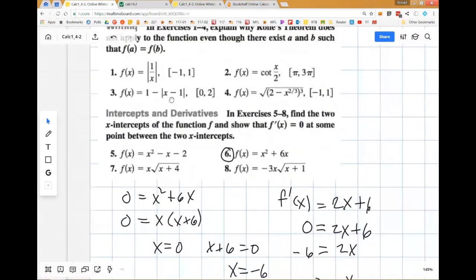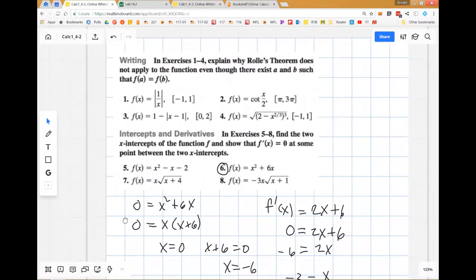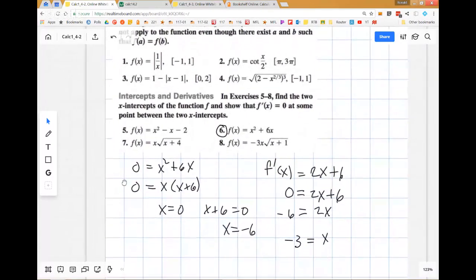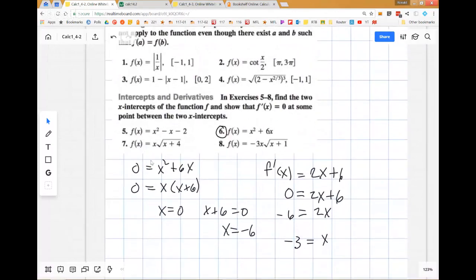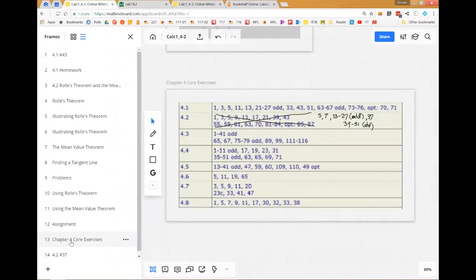So let's take a look at a problem here. Basically, that's it. Rolle's theorem and the mean value theorem are the lesson. By the way, on the assignment, maybe we should take a look at the assignment right now. I have completely changed this assignment.